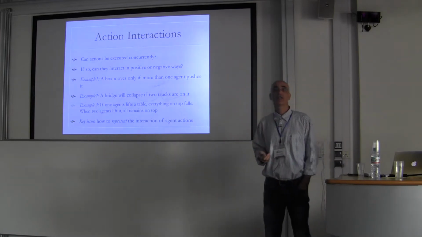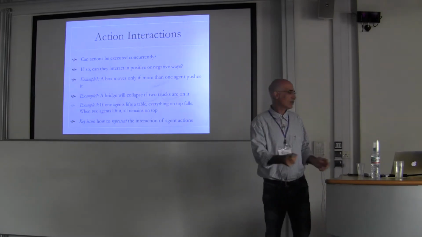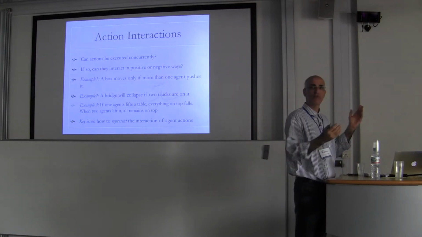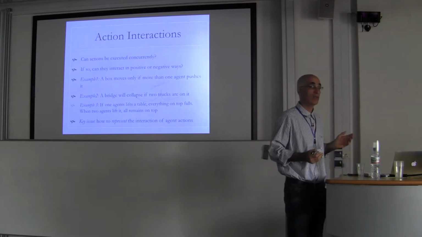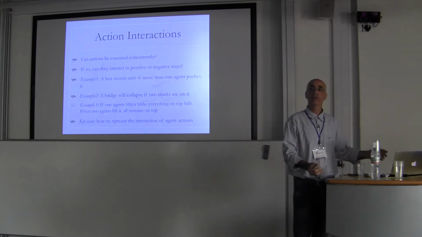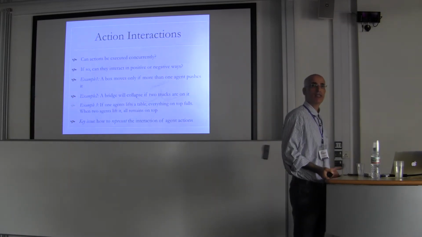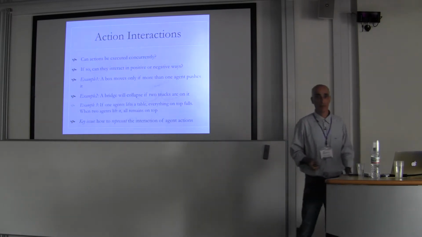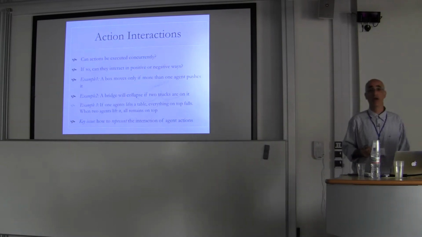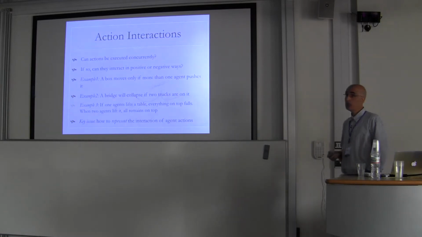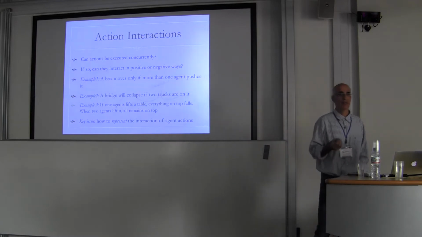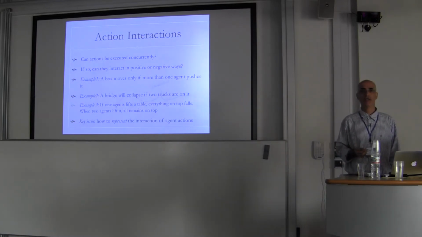Or, if I lift this table on my own on the side, my laptop will fall and everything on top of it. Whereas if another person is here helping me raise it at the same time, then everything will remain on top and we can move the table. And these issues arise when we look at simultaneous actions. One of the key problems with simultaneous action is how to represent it.